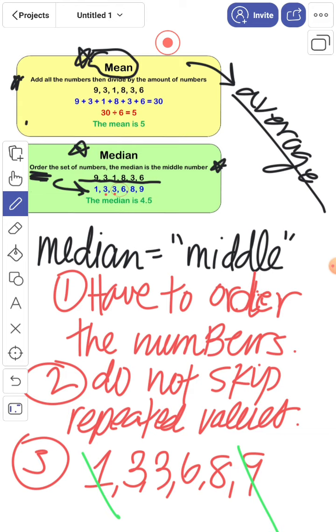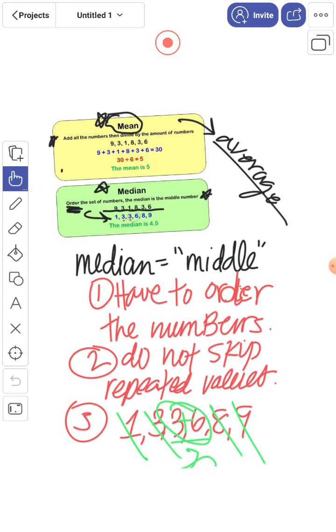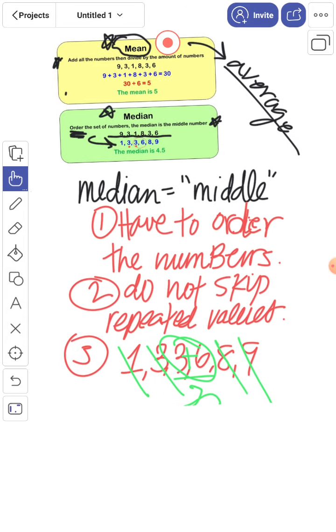This is how you make sure you're going towards the middle. Then you cross 2 out. Now you have 2 left over in the middle, so all you have to do is add them and then divide by 2. That's how they actually got 4.5.